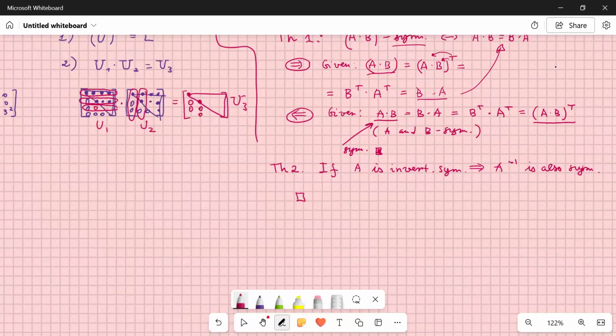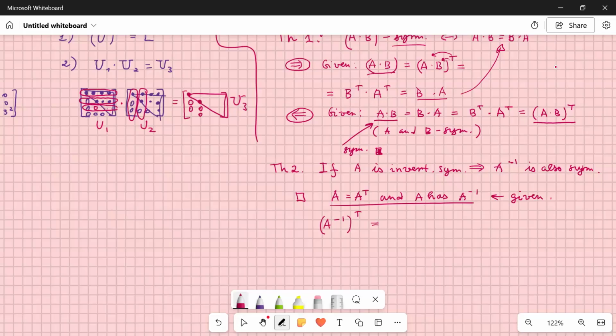So I know that it's invertible and symmetric. So what is given? It's given that A equals A transpose and A has an inverse. That's a given. What I'm going to do, guys, is take the inverse, which I know exists, and take the transpose of it.